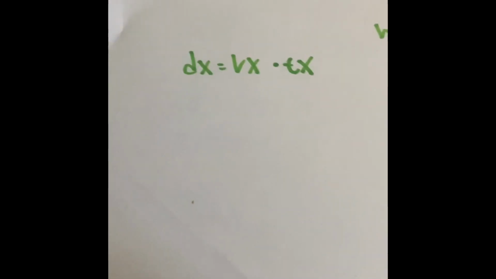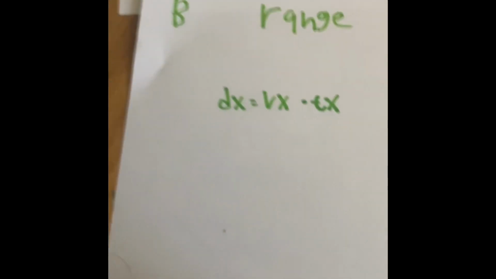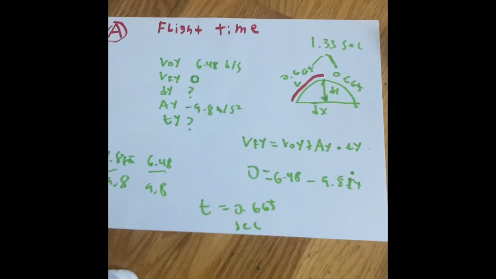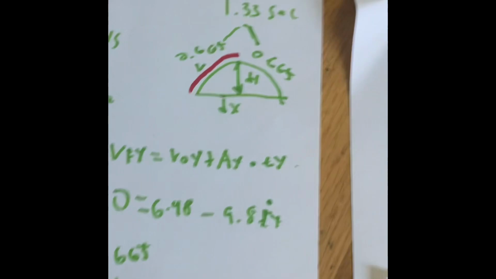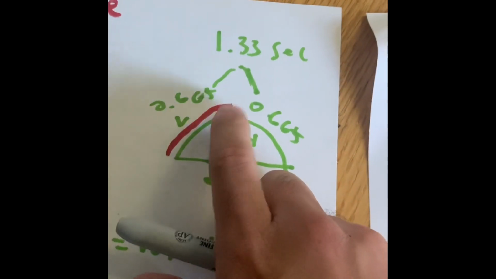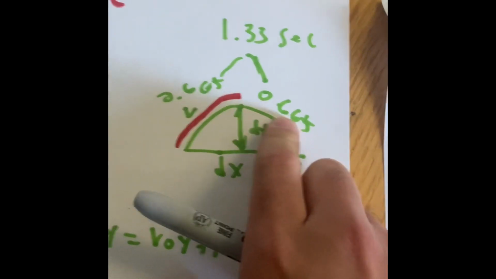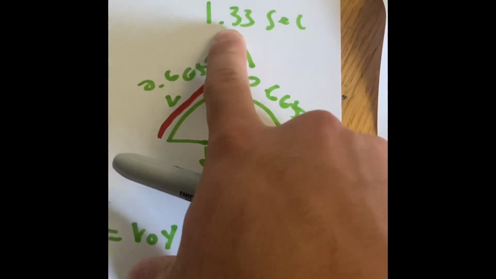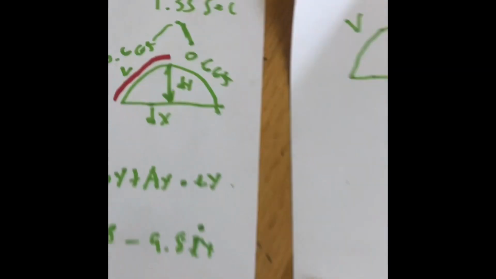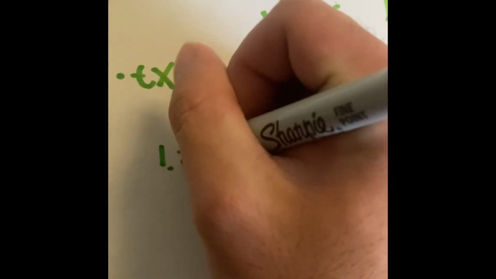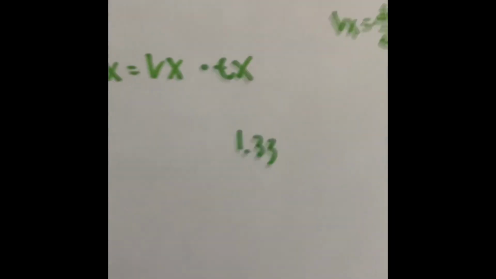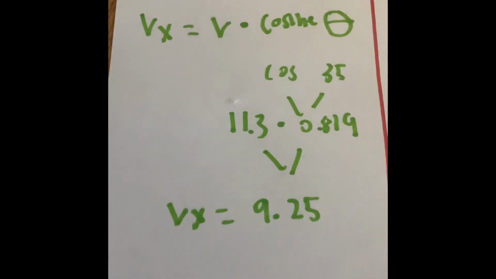Here's what's going to happen. From the A section, the flight time, we realized that from here to the top is 0.665 seconds, and from here to the bottom is another 0.665. So our time is going to be 1.33 seconds. Our velocity x is the number and the dotted line over here.